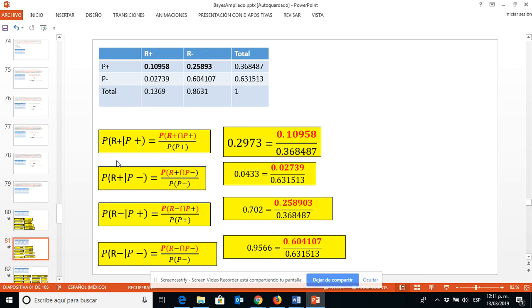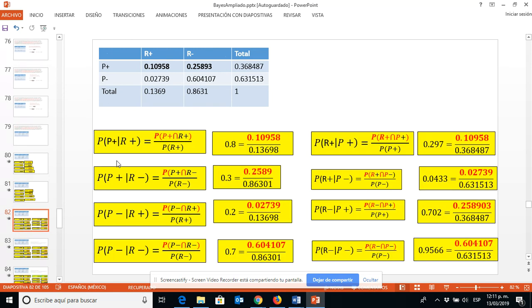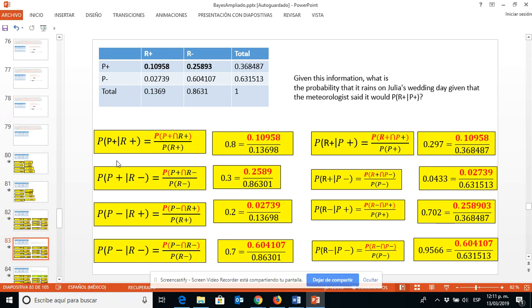The probability of R plus given P minus is 0.0433. The probability of R minus given P plus is 0.702, and the probability of R minus given P minus is 0.9566.